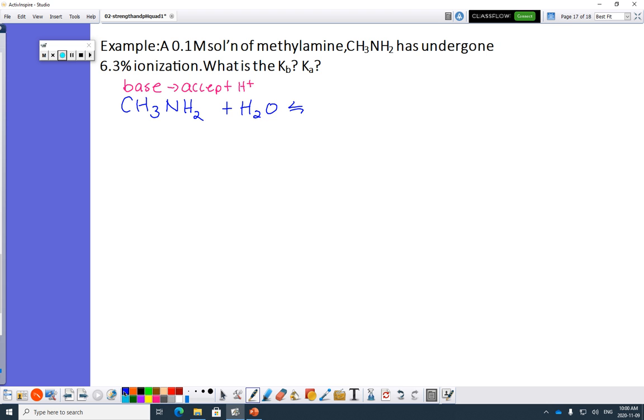So say we had NH3, then it would make NH4+. It would gain an H, right?